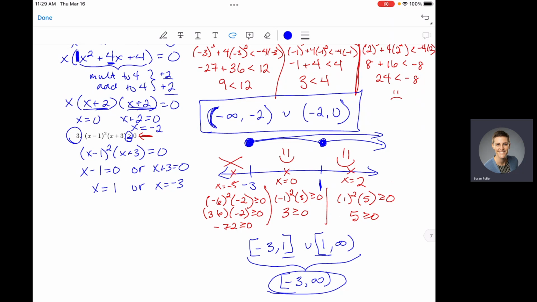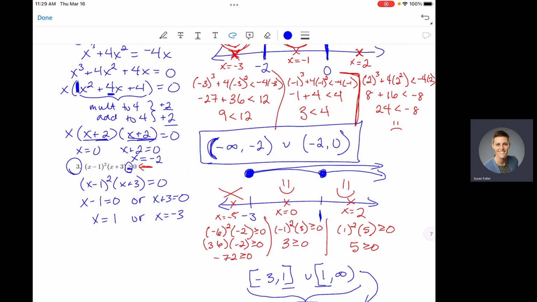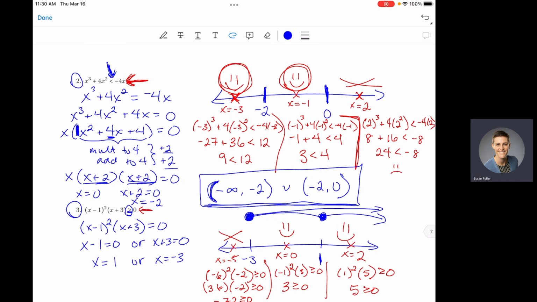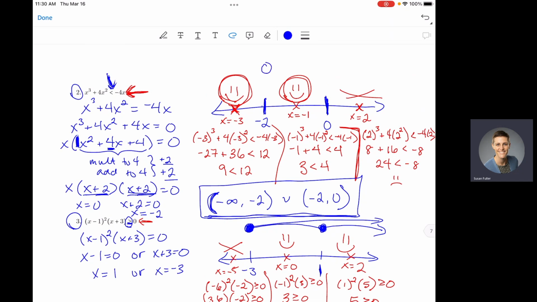Sometimes your instructor might force you to write it as 1 interval instead of 2, and that can be a confusing thing for some students. So I wanted you to see an example to figure out why that is, and why sometimes we can write it with 1 interval like we can down here, but back up here in number 2, we couldn't write this as a single interval because this number at negative 2 was not included.